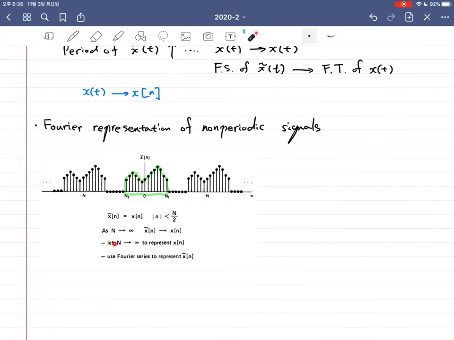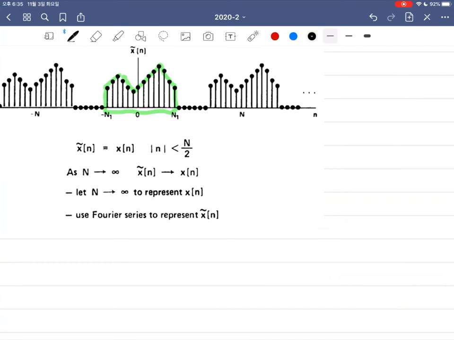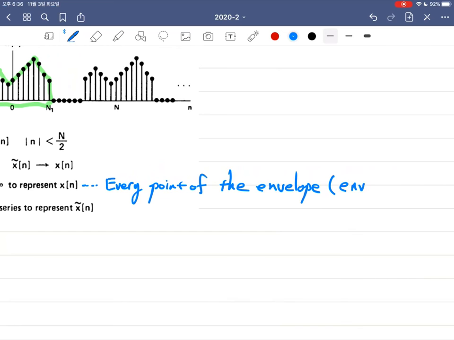So we're doing the same thing to represent xn. We use the Fourier series to represent x tilde, and then we increase n, so the period becomes infinity. This means we have every point of the envelope, as we have witnessed in the previous example, and it just becomes the envelope itself.